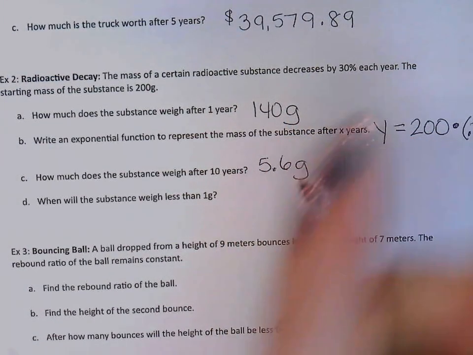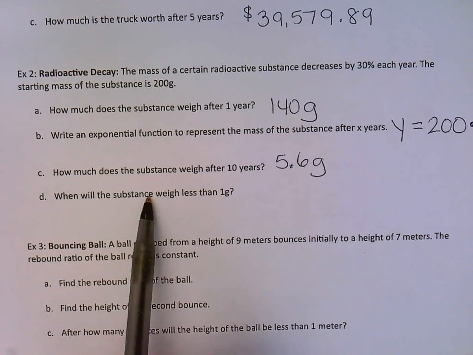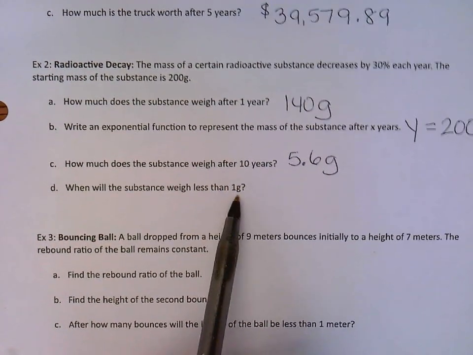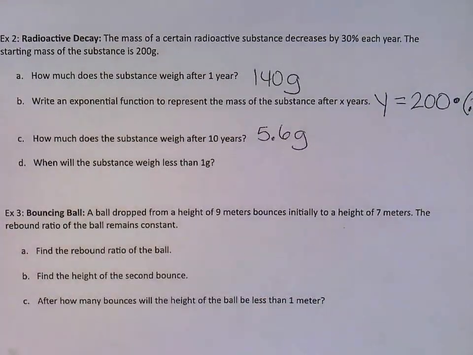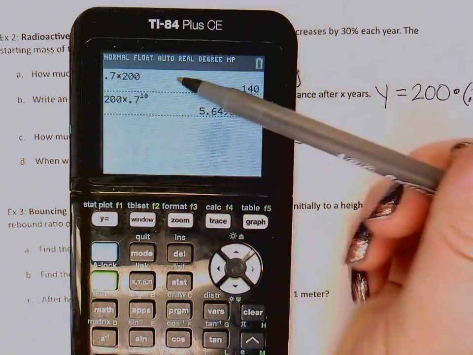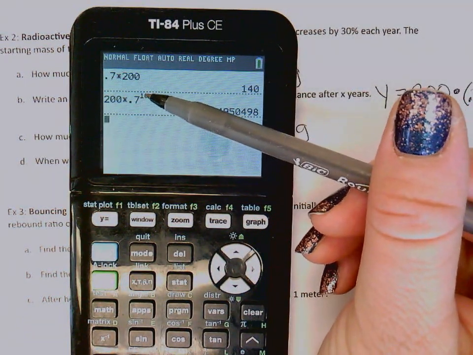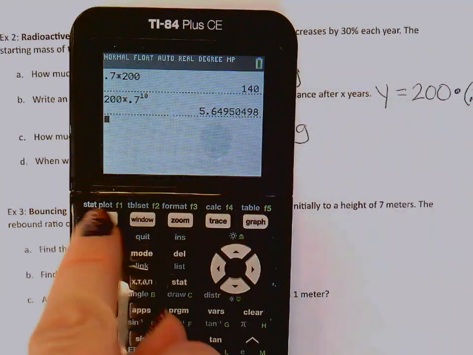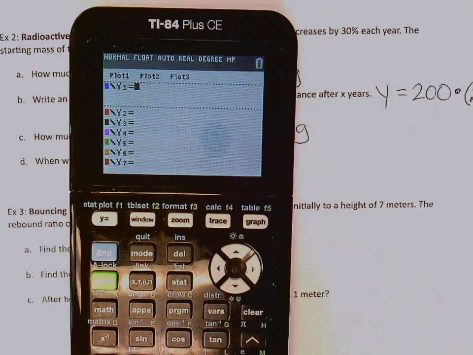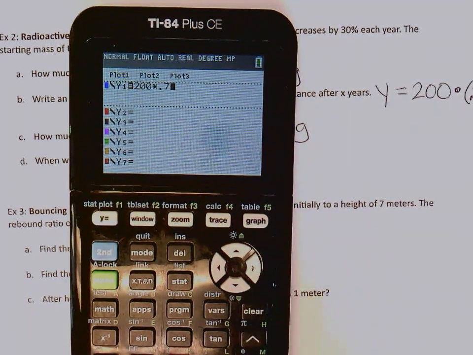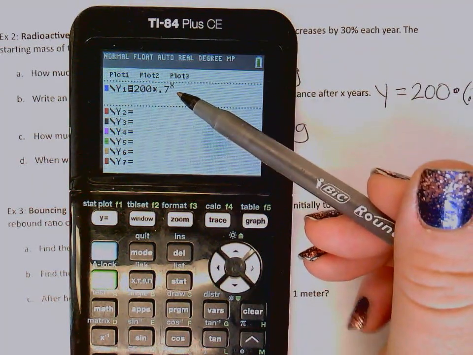And then how could I problem solve when the substance will weigh less than 1 gram? How can I figure that out? Two different strategies. What could I do with the calculator? Trial and error. You could keep changing your years up here to 10, 11, 12, 13, 14, 15. Or to me, it's easier to put it into my y equals menu: 200 times 0.7 to the x.